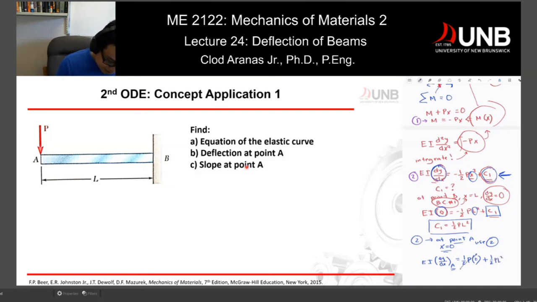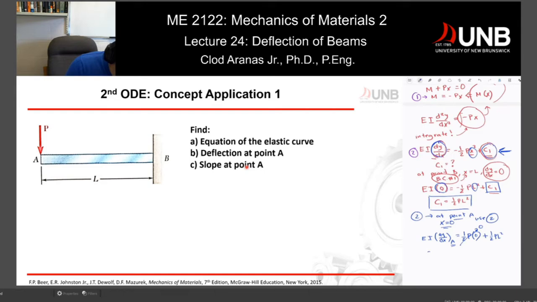You can imagine that this guy right here would become 0, because that's multiplied by 0. Eventually, what you will get is the slope at point A is equal to PL squared divided by 2EI. So that would be your answer for letter C, the slope at point A.